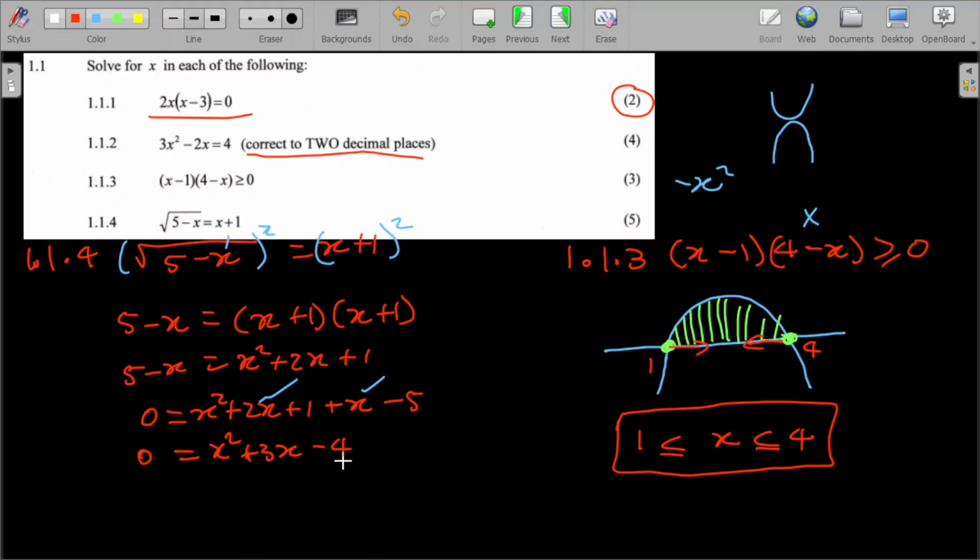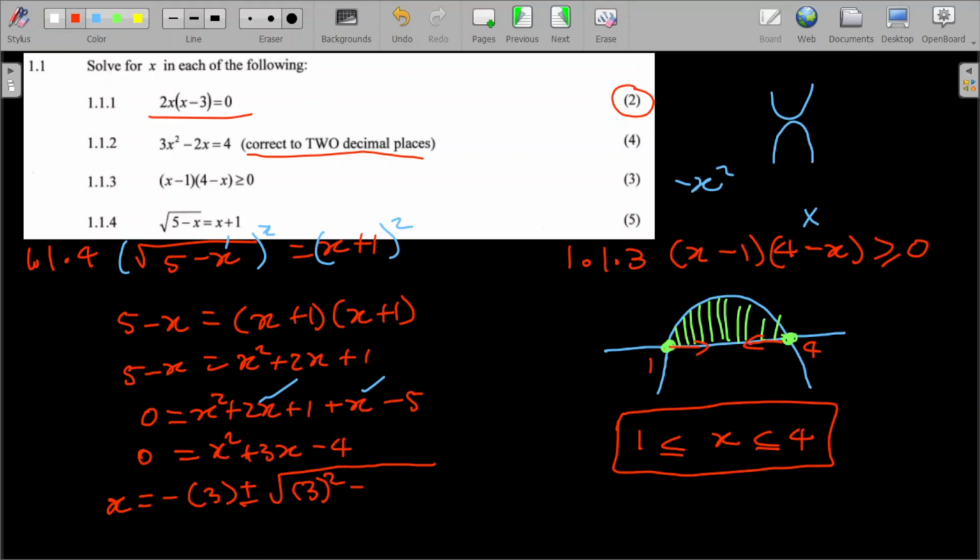Then from here, if you know how to factorize, you factorize. If you don't know how to factorize, I always emphasize this thing, because in an exam, time is your enemy. So from here, just go straight into your quadratic formula if you don't know how to factorize. Please, it's very, very important, because your enemy in an exam room is time.